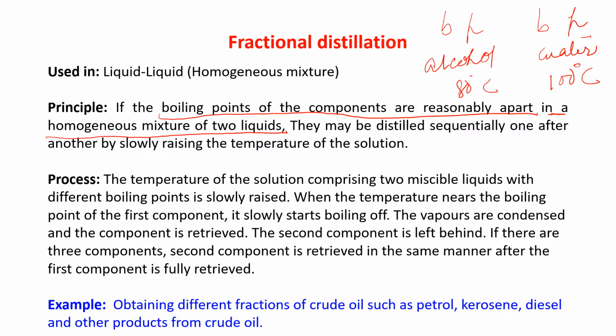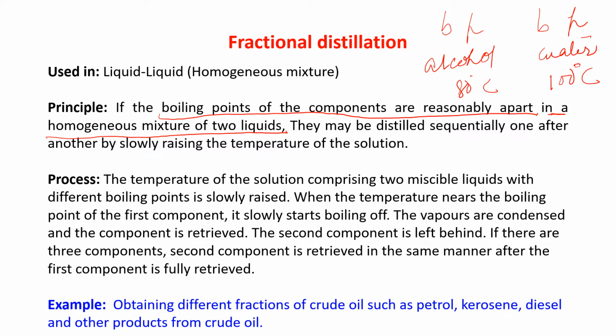What we are doing is taking the mixture in the round bottom flask and then heating it. Suppose we are separating the mixture of alcohol and water. As the temperature reaches 80 degrees centigrade, the vapor will come out, and you know that it is the vapor of alcohol.